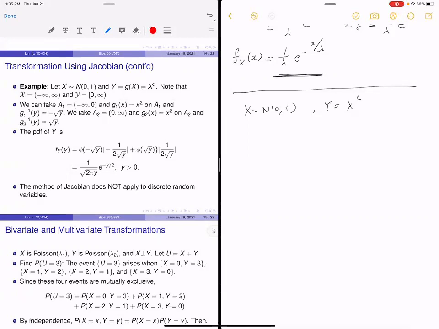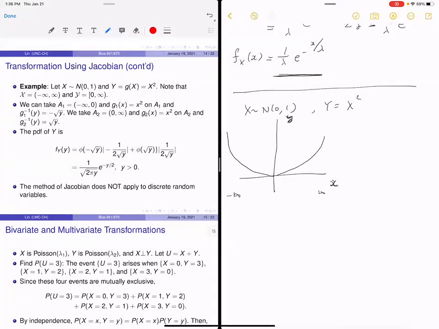Again, y is transformed from x normal 0, 1, whose domain is minus infinity to positive infinity. The transformation is monotone increasing and monotone decreasing, so there are two parts.